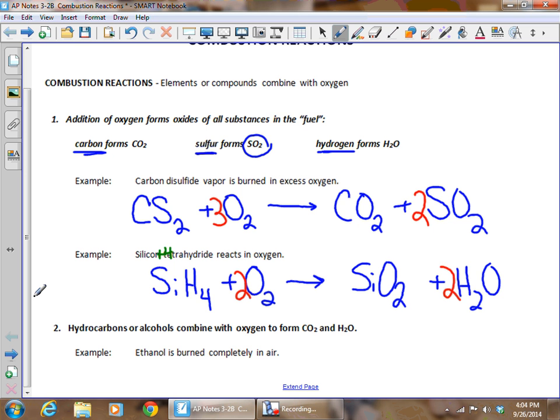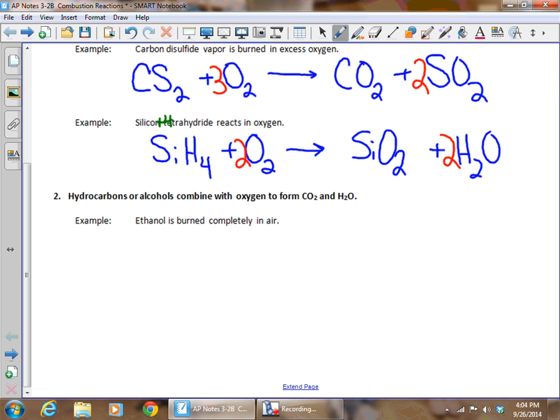Our next example says that ethanol is burned completely in air. This is where we need our nomenclature of hydrocarbons to know what the formula for ethanol is. Since it ends in -ol, we know it's an alcohol. Recall the formula for alcohols, CnH2n+1, and then tack on OH at the end.